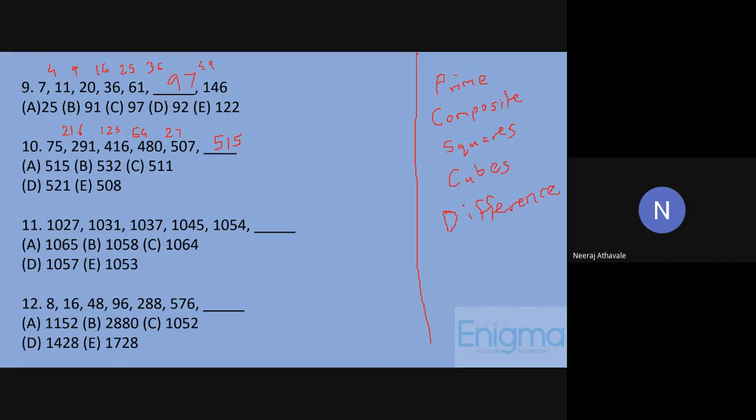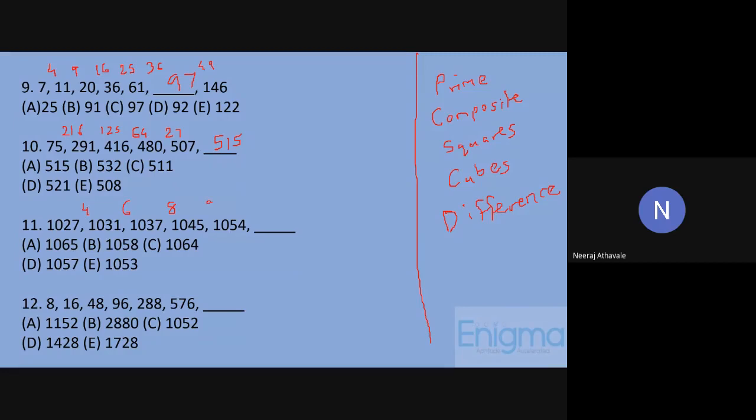Okay. Now, if you see over here, the difference between this is 4, then 6, then 8. Now, यहाँ पे अगर 1055 होता तो difference आता 10. So if it had been 10, it would have been consecutive even numbers.